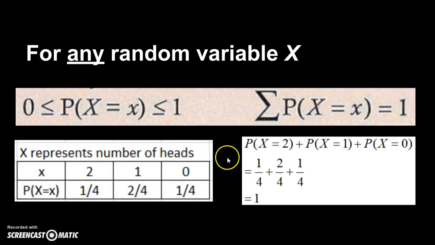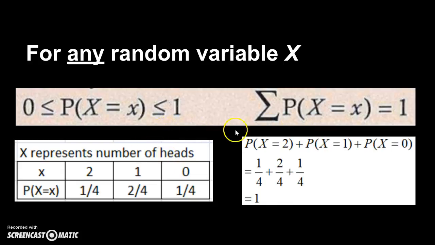So let's see. Probability of my 2 heads, my random variable x is equal to 2. This means 2 heads. That's 1 over 4. Plus probability of 1 head. This is over here. Probability of 0 head. That's 1 over 4 as well. So 1 over 4 plus 2 over 4 plus 1 over 4. That gives me 1.